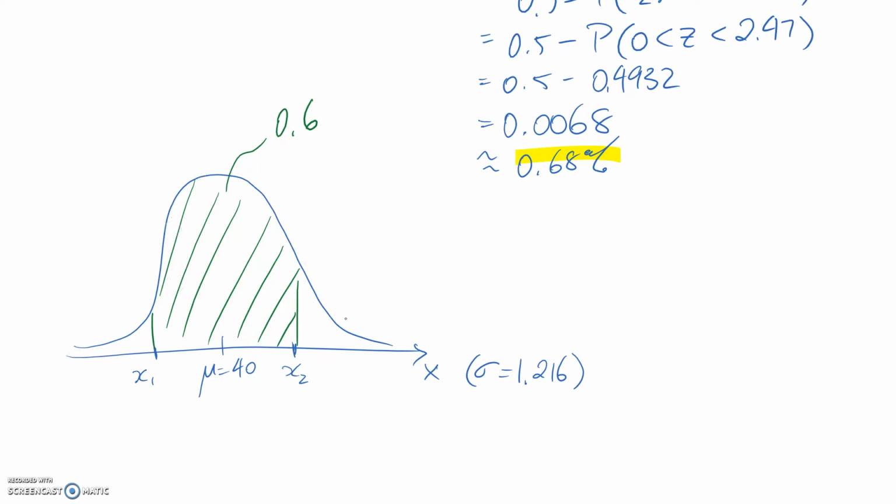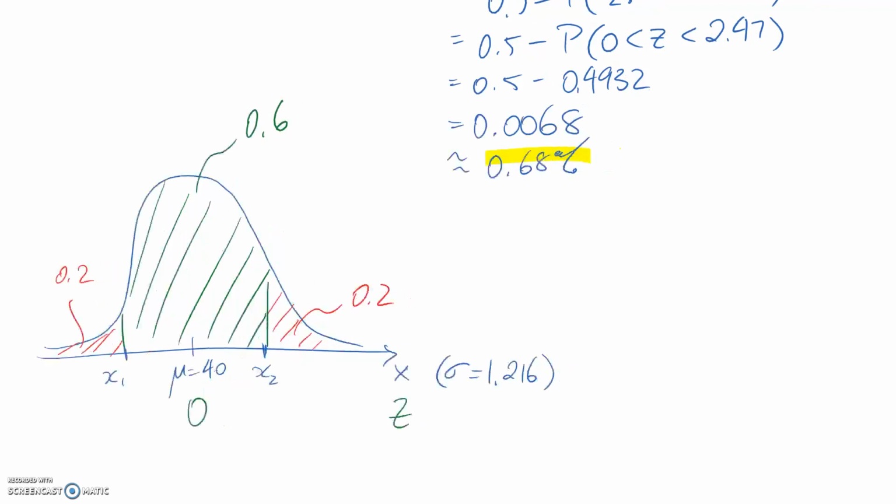So if the whole thing is 0.6, that's going to leave this as being 0.2 and this as being 0.2, because 0.2 plus 0.2 plus 0.6 takes us back up to 1. So we need to go and look up our z-score for 0.2 area in here. So this is already 0, and that should give us what z-score this x2 corresponds to. So let's go look up 0.2 in the table.